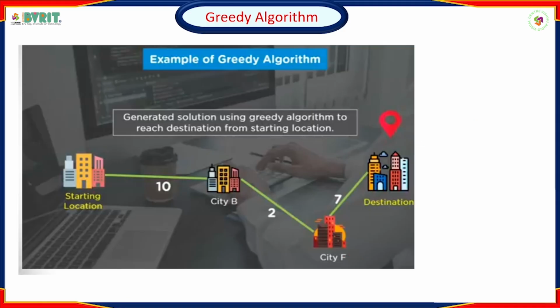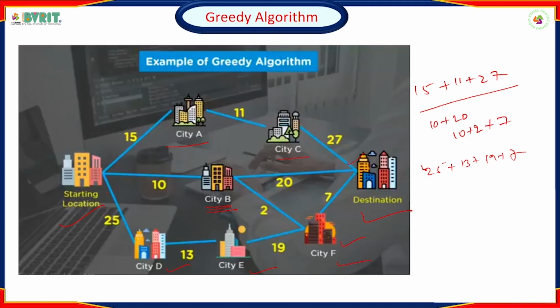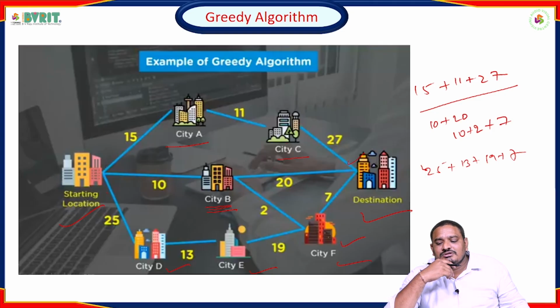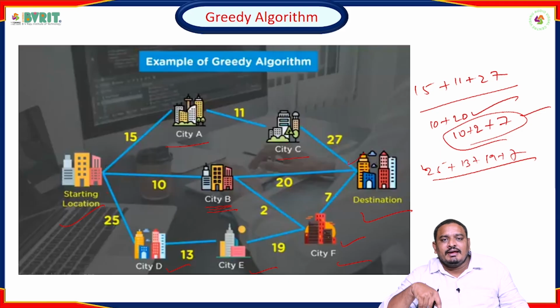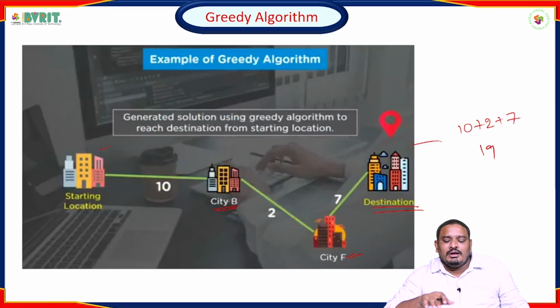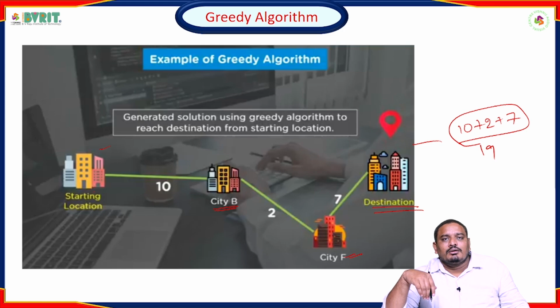The remaining routes are 15 plus 11 plus 27, 30, and so on. This one is the highest distance. So the source to destination least distance is 19. That is the greedy algorithm.